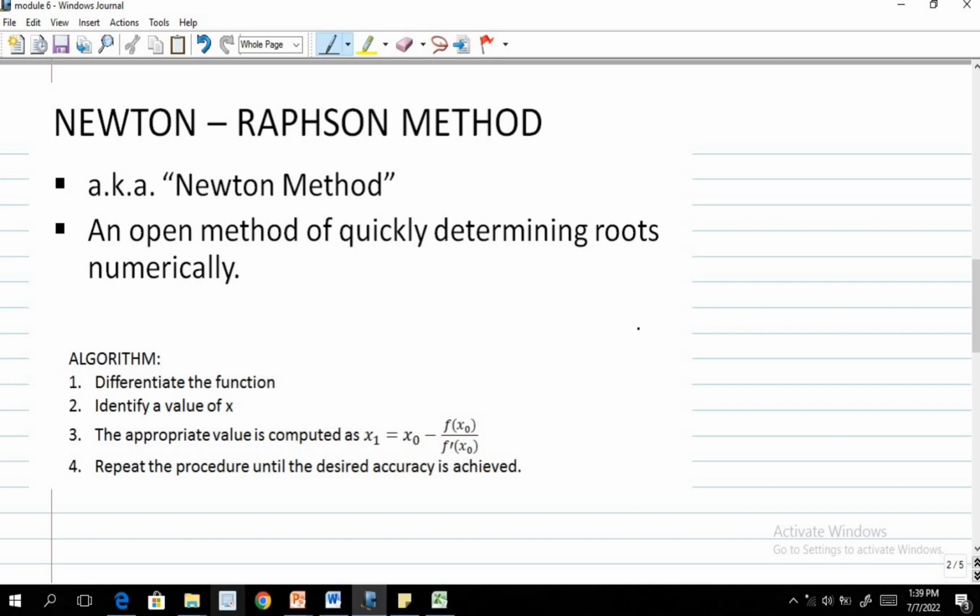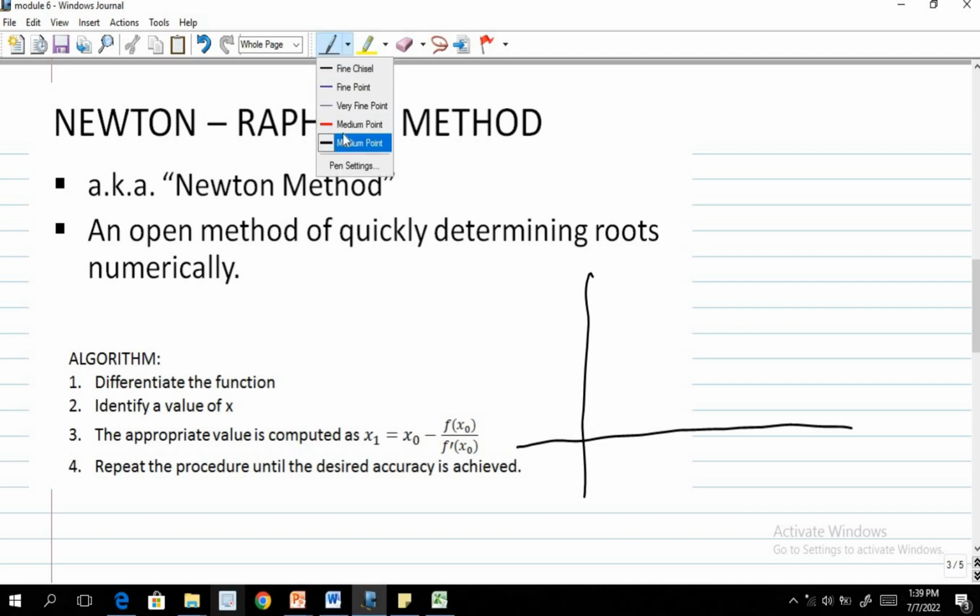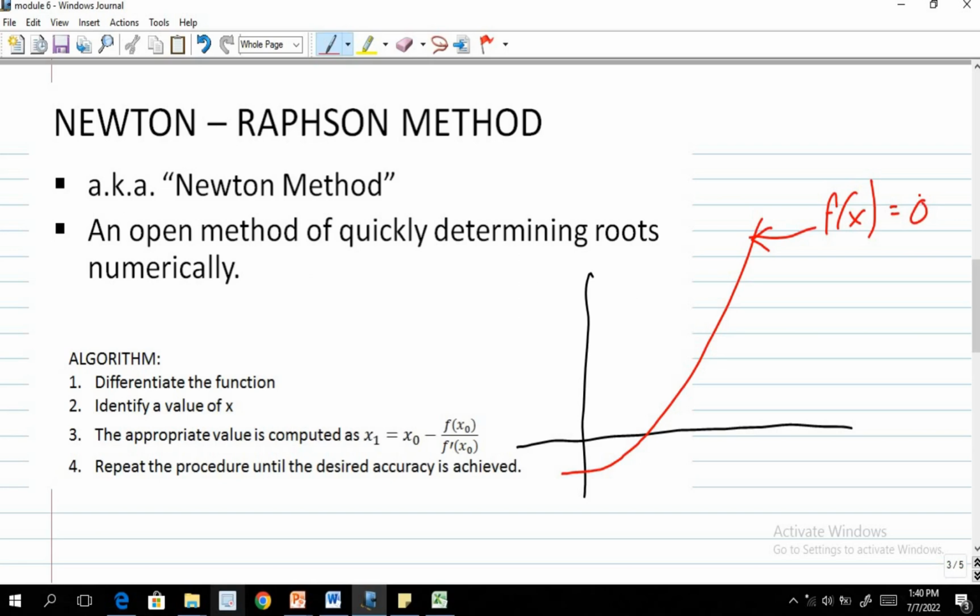So let's say we have here your plane, and let's say this is the curve. This is the function of x. Then let's say this is x1.